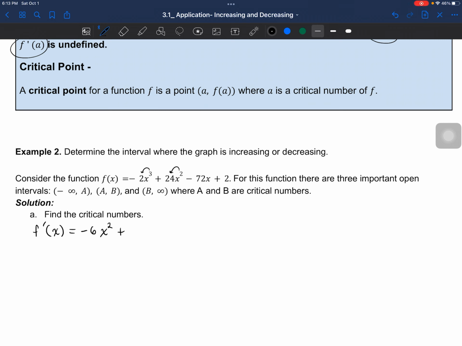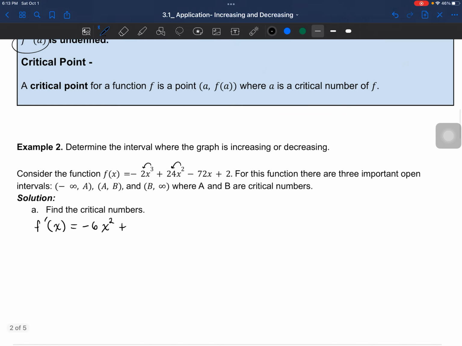Plus, we have 24 times x squared, and again we use the power rule and the constant multiple rule. So 2 times 24 is 48 times x raised to the first power, because we subtract 1 from the power. We're not going to write down the power 1 because that's not common, but you can write it if you want to.